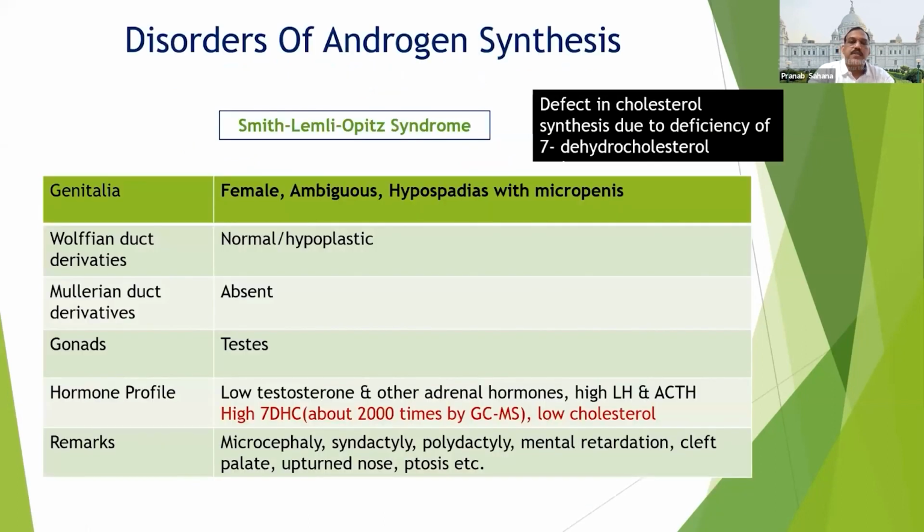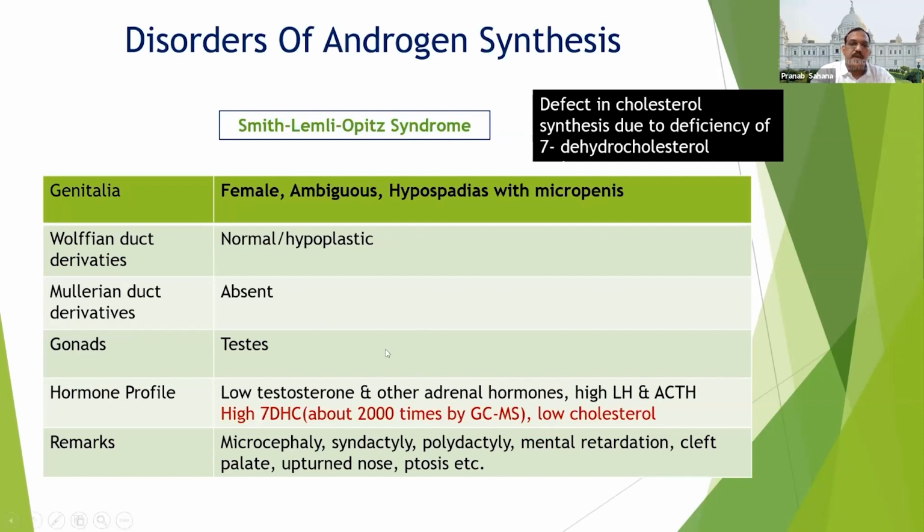So first in this group is Smith-Lemli-Opitz syndrome. It is due to the defect in the cholesterol synthesis, that is the deficiency of 7-dehydrocholesterol reductase. So as a result, because of the lack of cholesterol, all the steroid hormones will not be synthesized, and there can be deficiency of all mineralocorticoid, glucocorticoid, and sex steroids.